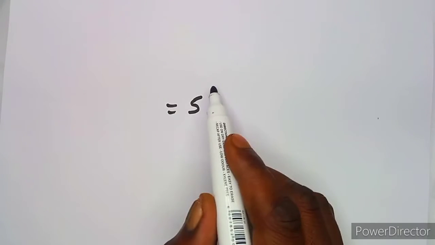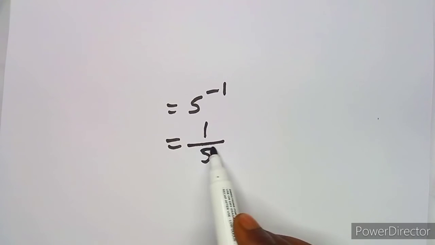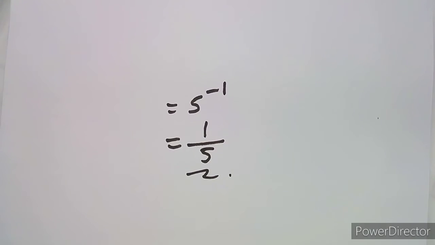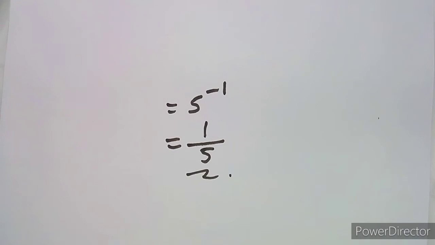So what is going to be the resultant now from 5 to the exponent of minus 1? We know that it's 1 over 5. Okay, so guys, as you can see, this whole part that we had gives us 1 over 5. This is the answer that you're going to obtain there. So that's how they ask these questions.